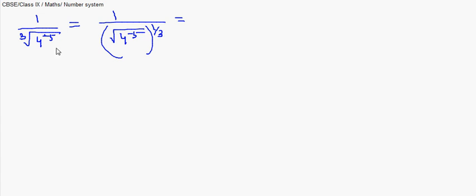If it is a third root, then I will not write it this way because I have removed that root and made it 1 by 3. This would make it 1 by 4 to the power minus 5 by 3. This is negative, that means it again needs to be reciprocated.